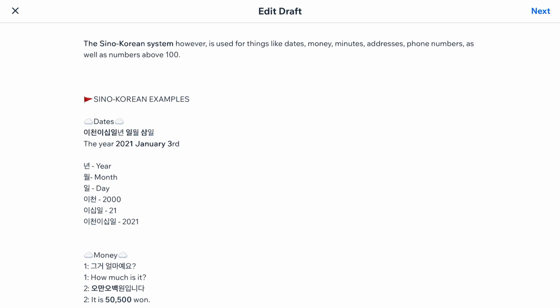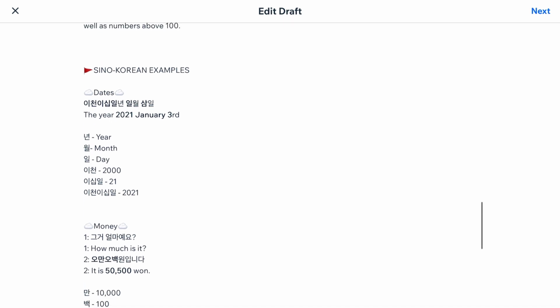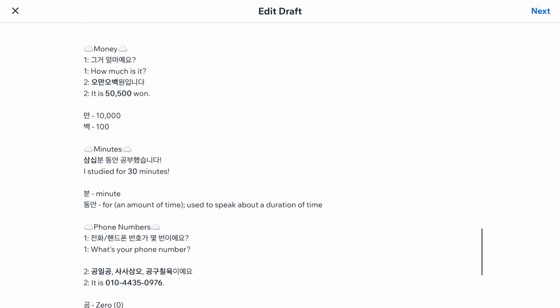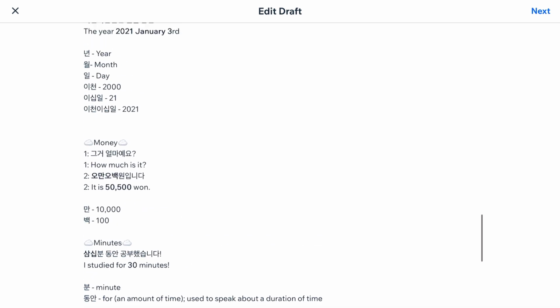It's used for addresses, it's used in phone numbers, and of course, numbers above 100. Like currency, the won, money as well, because we need to go to like 100,000, a million, billion, trillion, crazy numbers. So let's look at examples of each of these things. I might not have examples for everything, but that's okay.